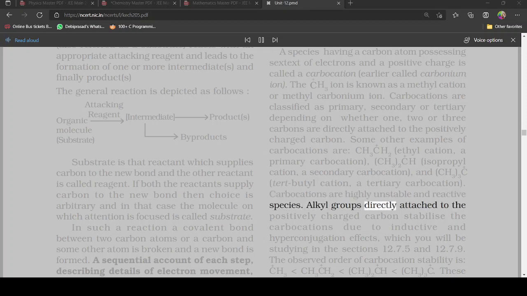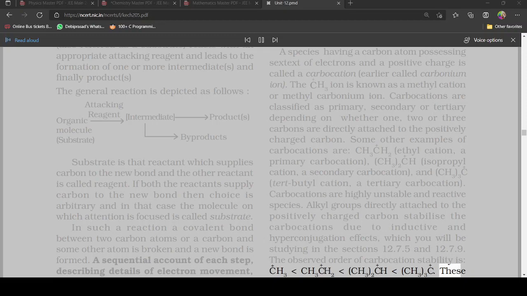Alkyl groups directly attached to the positively charged carbon stabilize the carbocations due to inductive and hyperconjugation effects, which you will be studying in sections 12.7.5 and 12.7.9. The observed order of carbocation stability is CH3+ < CH3C+H2 < (CH3)2C+H < (CH3)3C+.